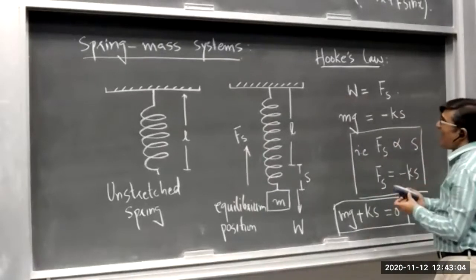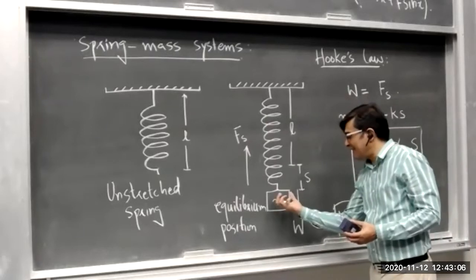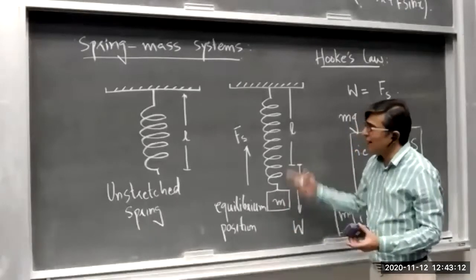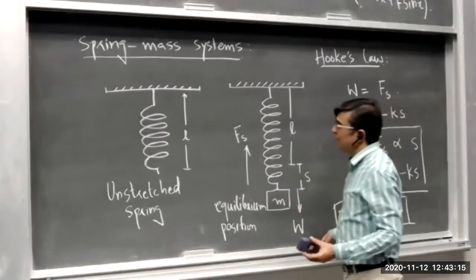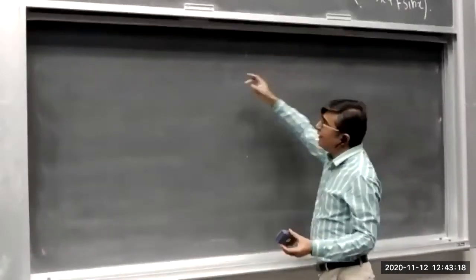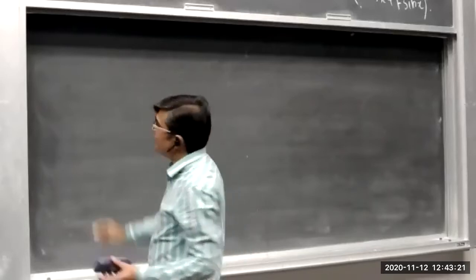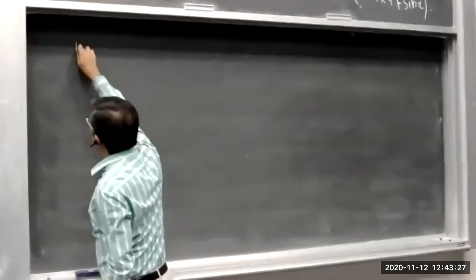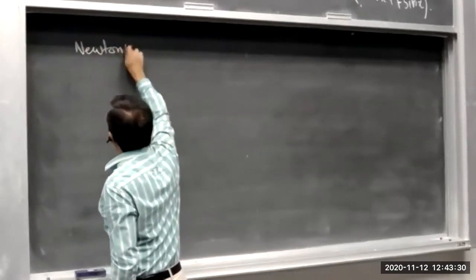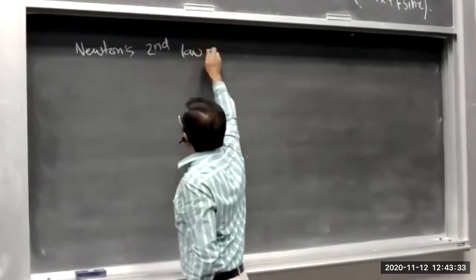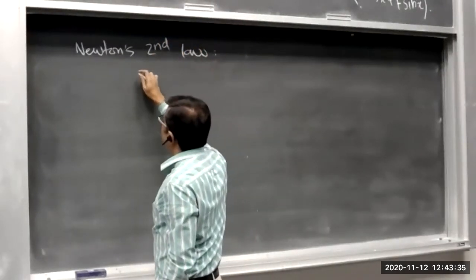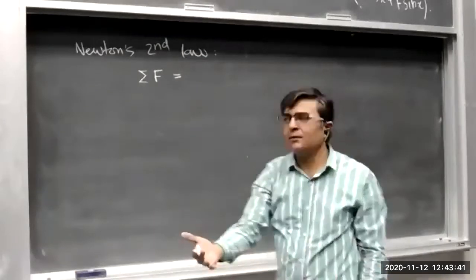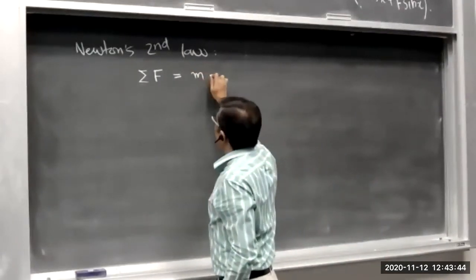When we leave the mass, it will start moving, and that motion can be modeled using Newton's second law. Now, what is Newton's second law? You know it: the sum of all forces acting on a moving body is equal to m times its acceleration.